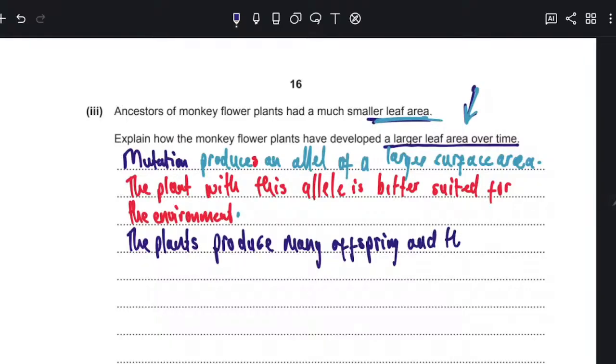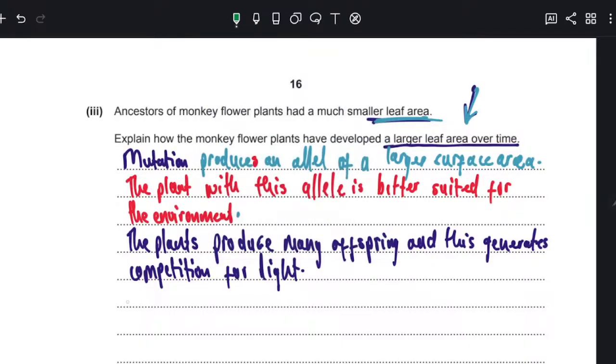And this generates competition for resources. Just say for light. That's the resource that plants love.